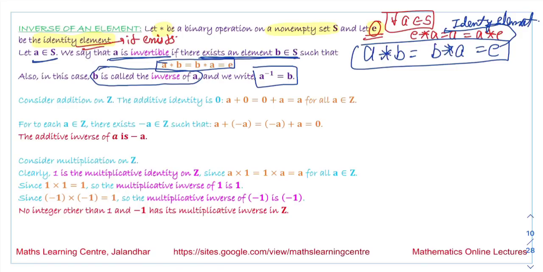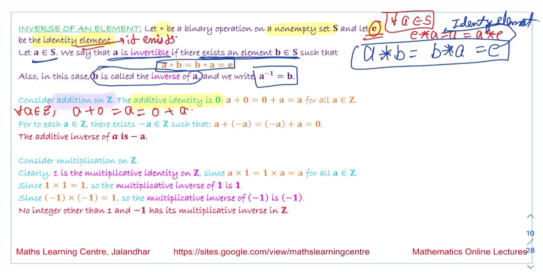Suppose we consider the operation of addition on the set of integers, then we are talking about the additive identity, we know it is 0. Additive identity means if we consider any A belongs to Z, then A plus 0 is equal to A is equal to 0 plus A, and this thing holds for all A belongs to Z. Now we want to find the inverse element over here.